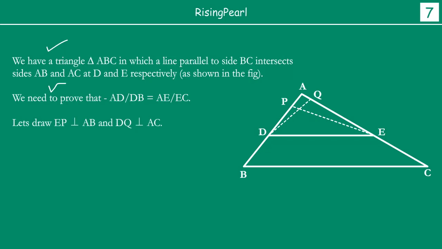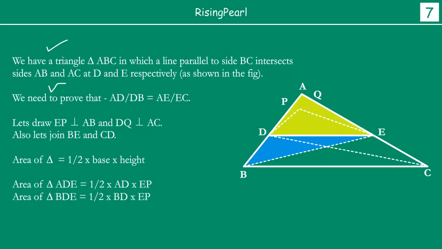Then we do our construction. EP perpendicular to AB and DQ perpendicular to AC. We join BE and CD. Then we take the two triangles. This actually should be all the way here, and this should be all the way here.